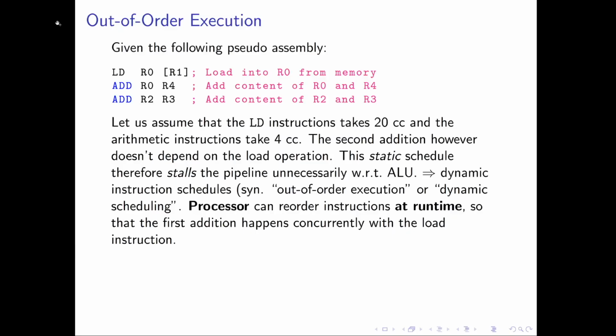So again, out-of-order execution is a technique that is implemented by the processor. There are dedicated functional units integrated into the processor that will, at runtime, when the instructions occur in the instruction stream, try to employ heuristics that allow the processor to reorder instructions.